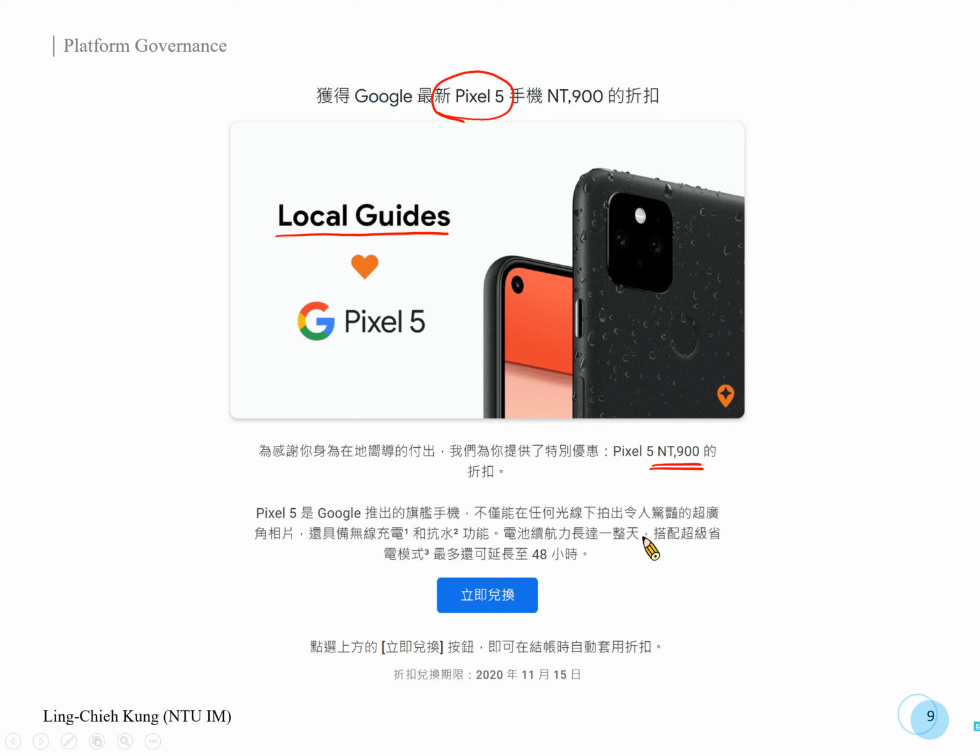Well, that's a very slim discount in some sense. Previously, in the previous year, it was traveling to the United States. That's a lot of money, right? But this year, only $900. So I don't know what happened to Google, but anyway, that's still some kind of incentive.